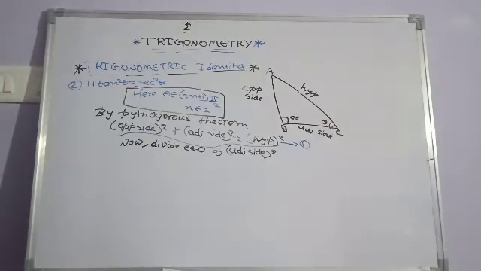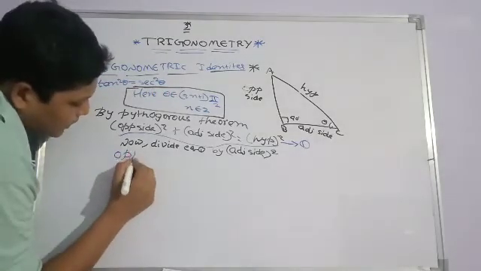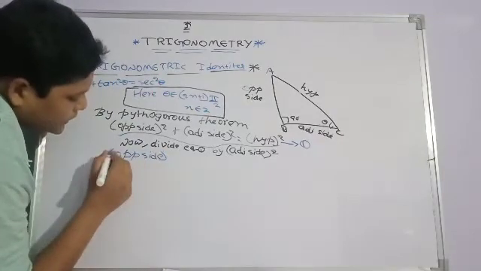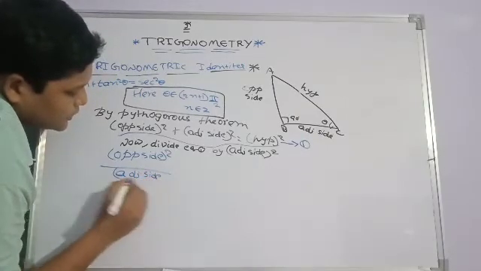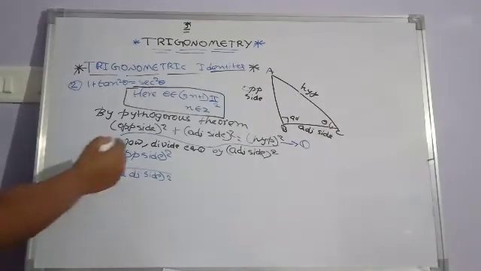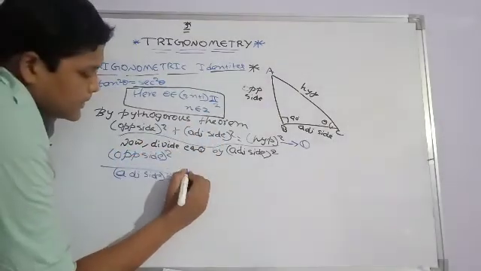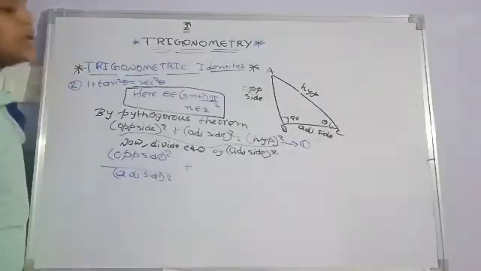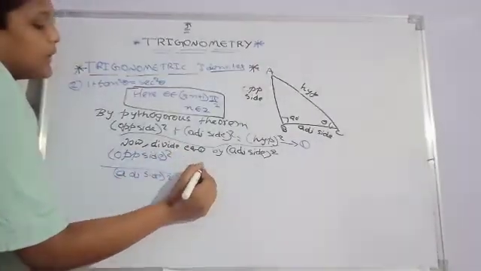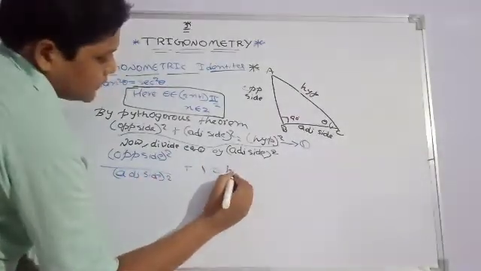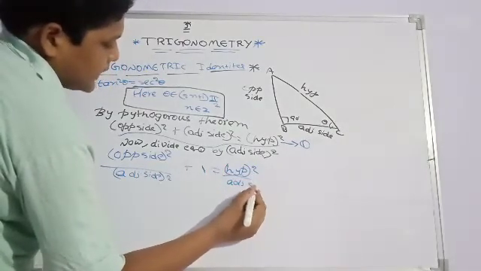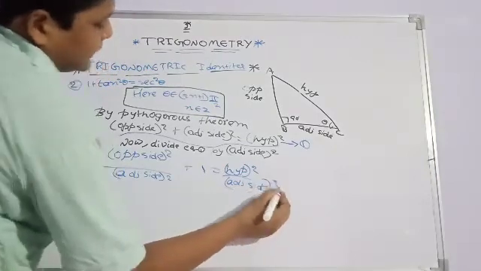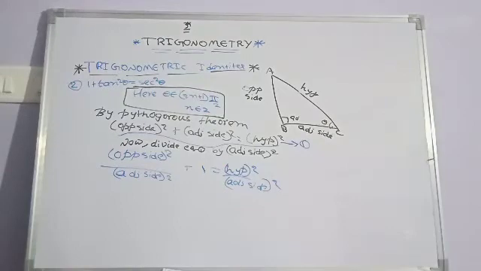Opposite side whole square by adjacent side whole square, plus adjacent side square by adjacent side square cancels and becomes 1, is equal to hypotenuse whole square by adjacent side whole square.